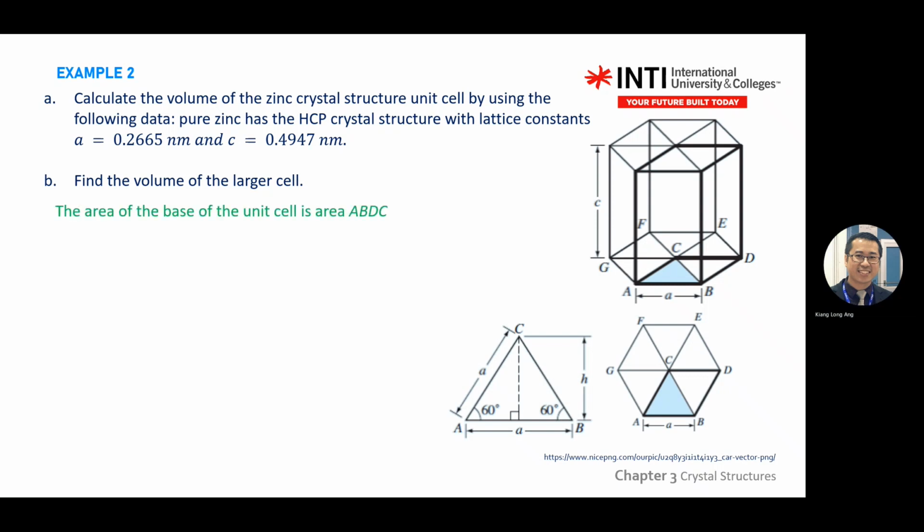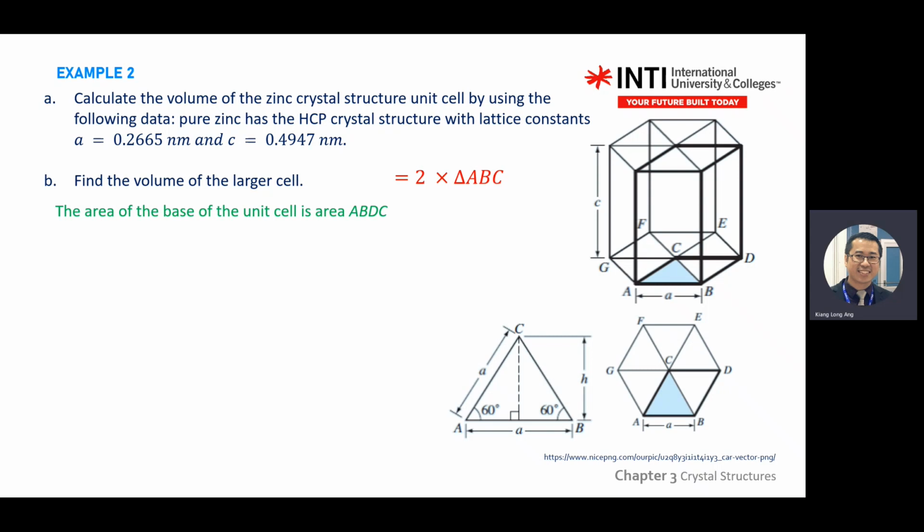The area of the base of the unit cell is the area of ABCD. So we want to find this area. This is a triangle area, right? You have two triangles.